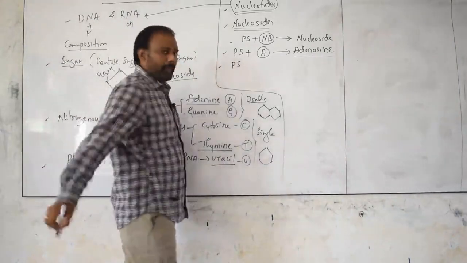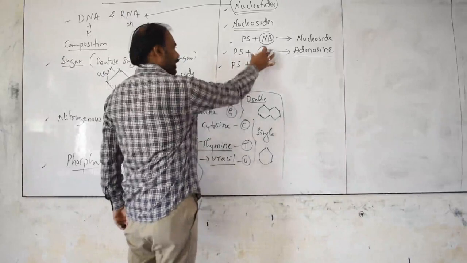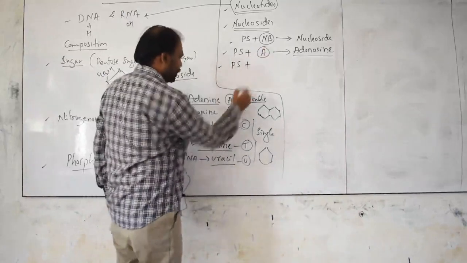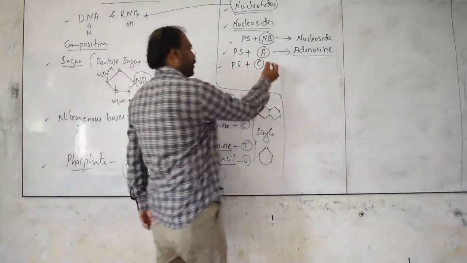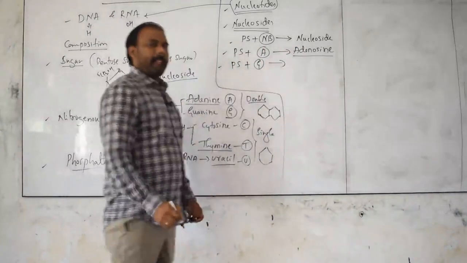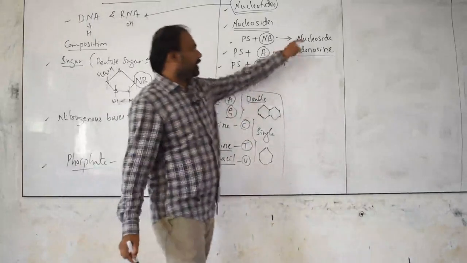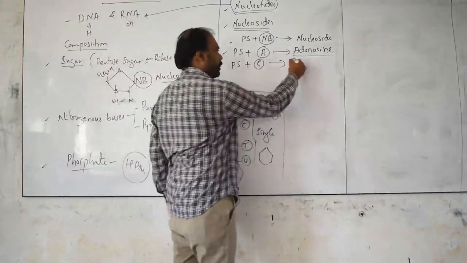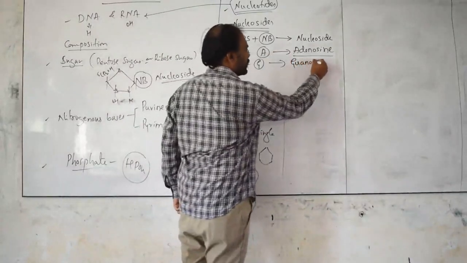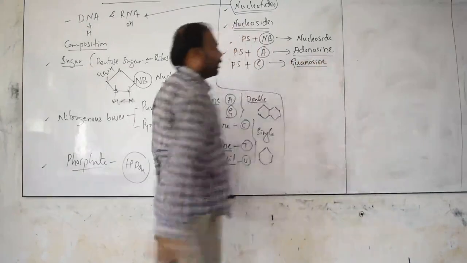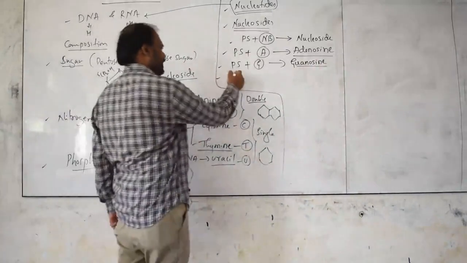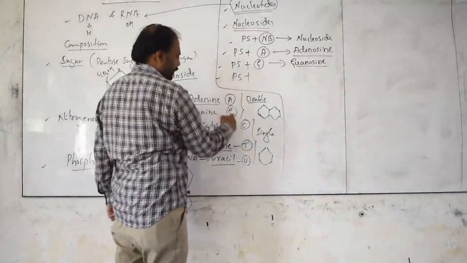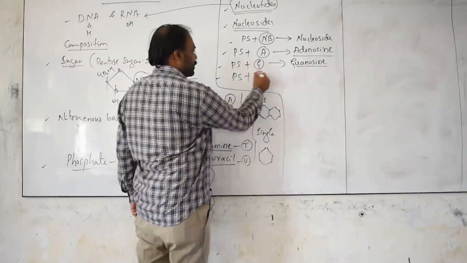Next, second one. Same pentose sugar, instead of adenine I can put guanine. Can you imagine what the nucleoside would be? Think in your mind. Definitely that would be guanosine. And third, again the same pentose sugar, instead of guanine I put cytosine.